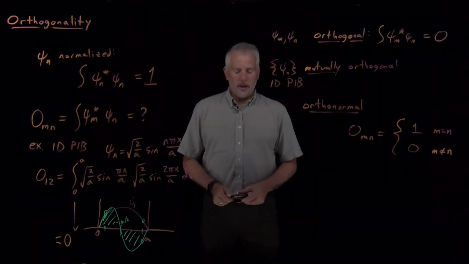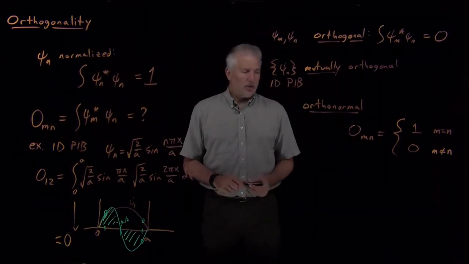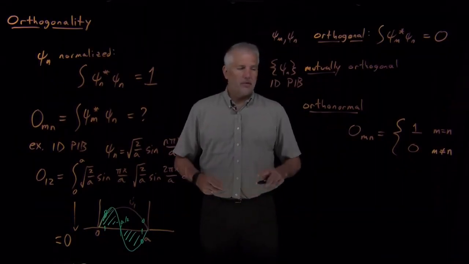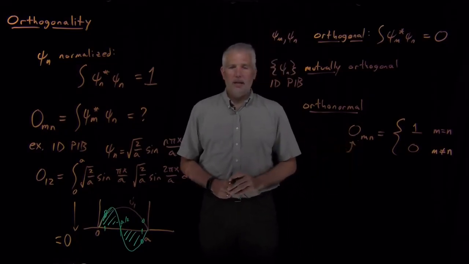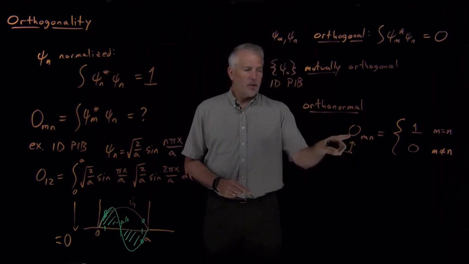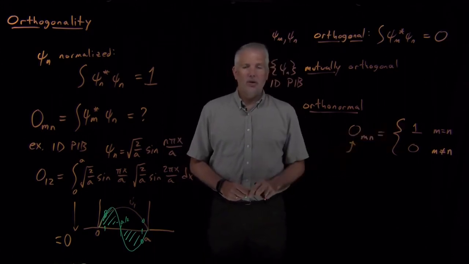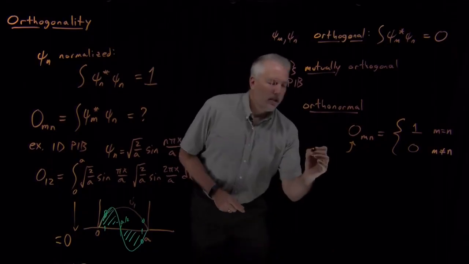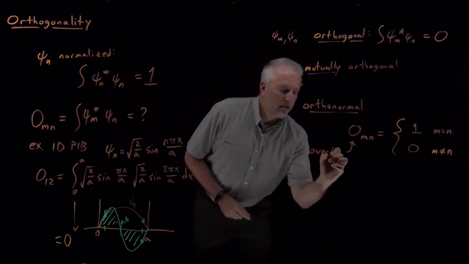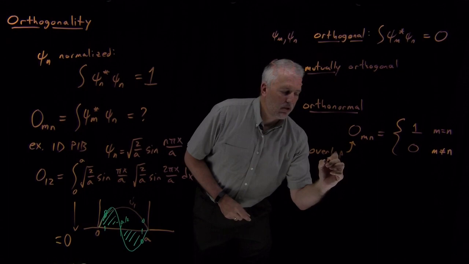All right, I'm back with a quick addendum to point out one more piece of terminology that I forgot, and that's to give a name to this quantity O_mn that we've been talking about. This O_mn that's equal to either a 1 or a 0 if the wave functions are orthonormal. That quantity is called an overlap integral.